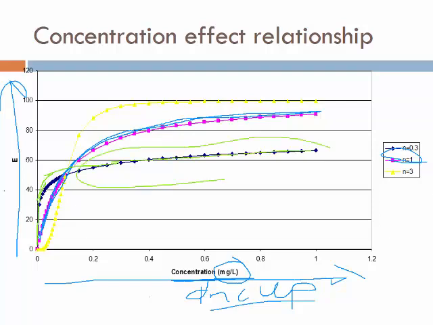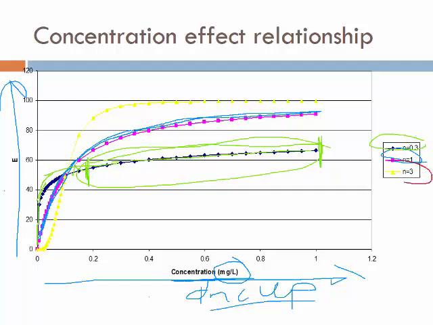So we're seeing very little change, even though we're increasing our concentration dramatically here. There's really no change in effect, or very little change in effect, between 0.2 here and 1 milligram per liter. It's hardly changing at all. And then our final one, that has an N of 0.3, so it's less than that N of 1.